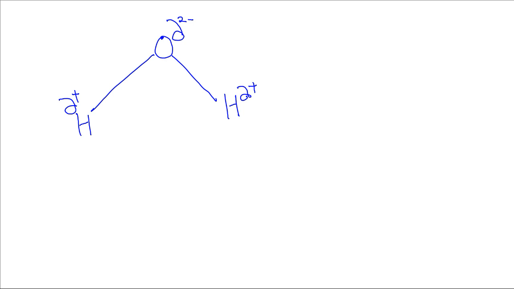Since oxygen has a higher ability to attract bond electrons compared to hydrogen, meaning oxygen is more electronegative, the bond pairs of electrons are closer to the oxygen atom in the water molecule, leading to the oxygen atom developing a partial negative charge, while the hydrogen will now develop a partial positive charge.